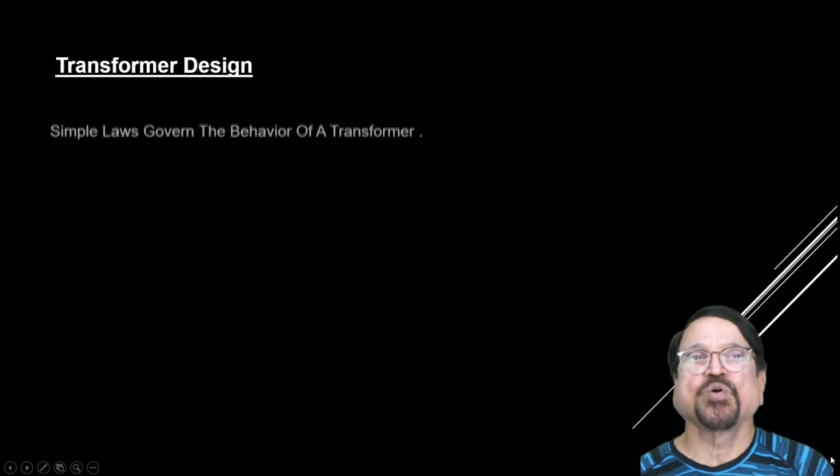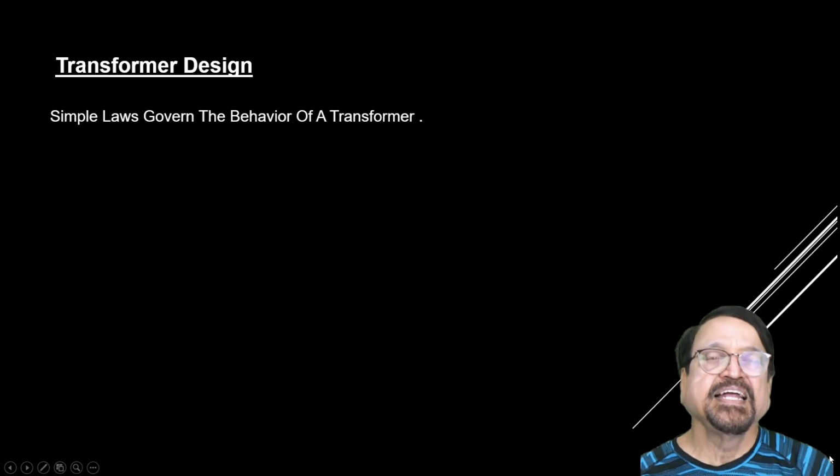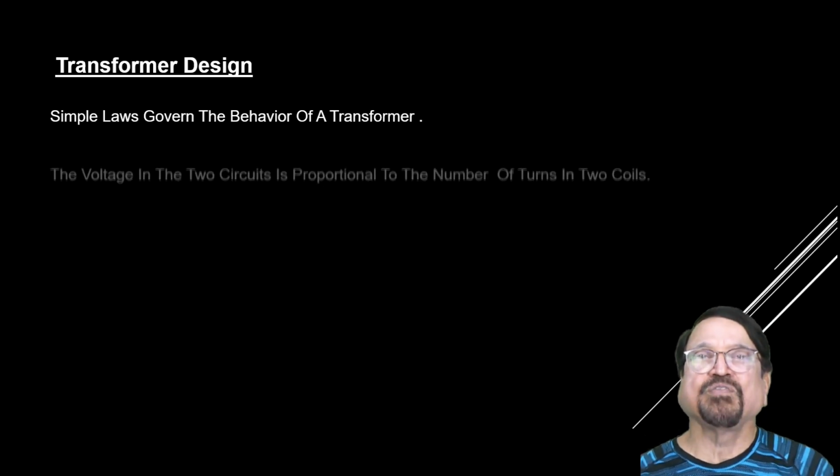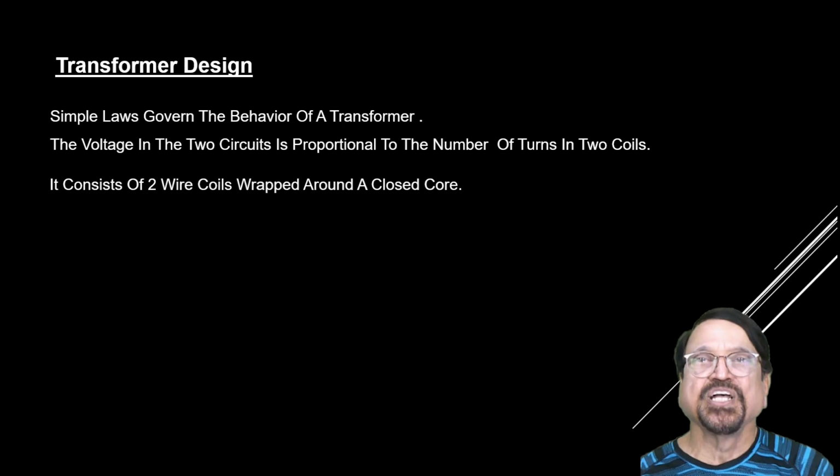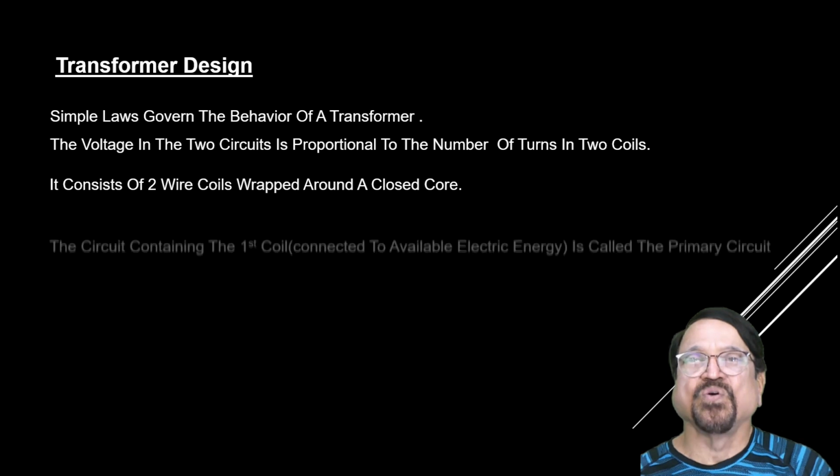Now how are transformers designed? I told you a transformer has got two coils, a primary and a secondary. A simple law governs the behavior of a transformer. The voltage in the two circuits is proportional to the number of turns in the two coils. So by changing the turns, you can change the voltage. It consists of two wire coils wrapped around a closed core.